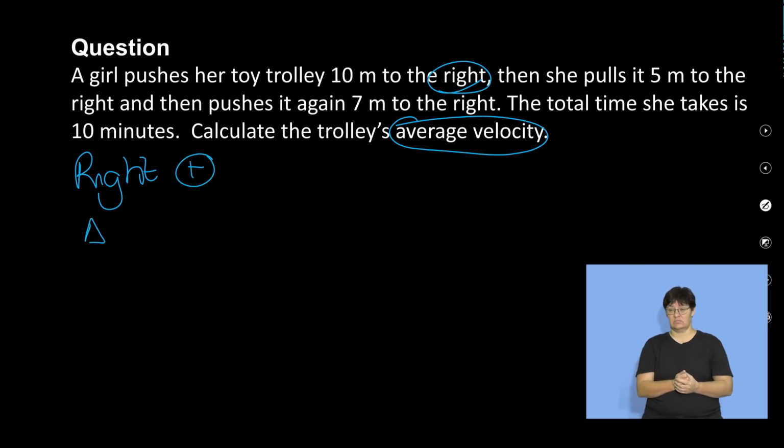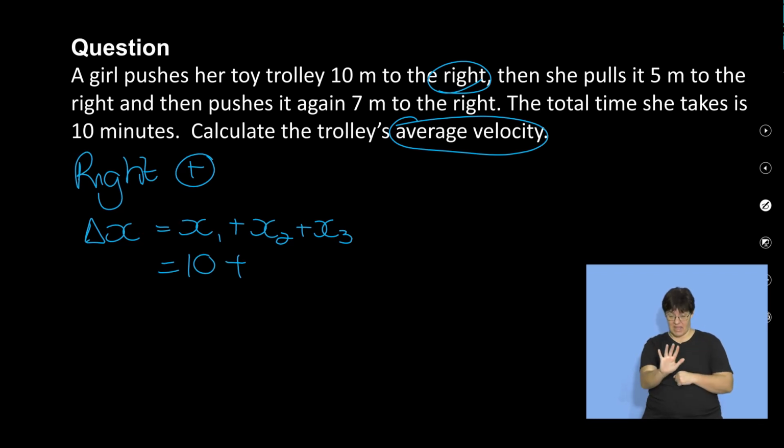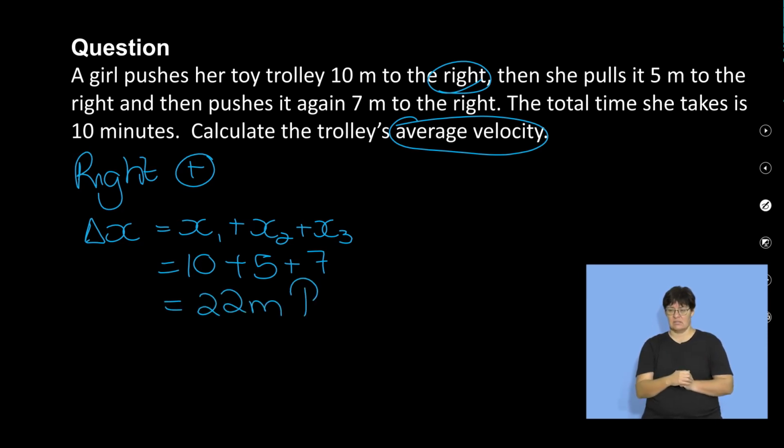I want the change in displacement, and she changed 3 times. There's 3 displacements they give you. So she went 10 meters to the right originally, then she went another 5 meters to the right, and then she went 7. Now, if you look at this, it's actually the same value as we got for the distance. So this is 22 meters right.